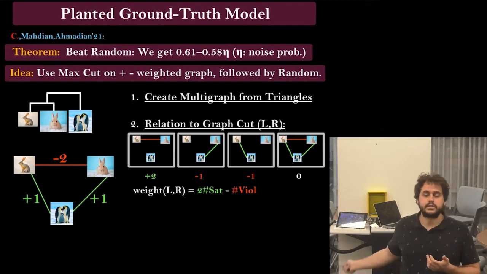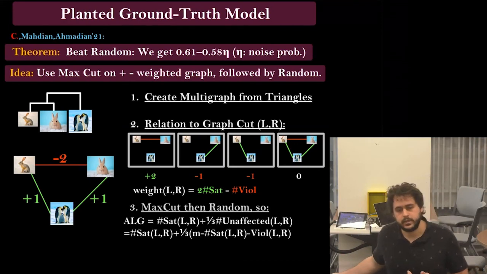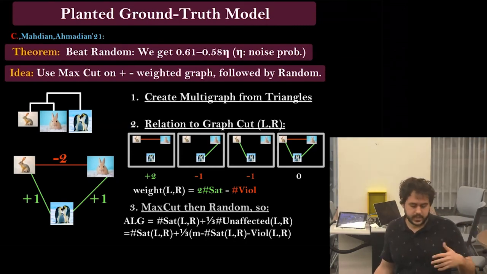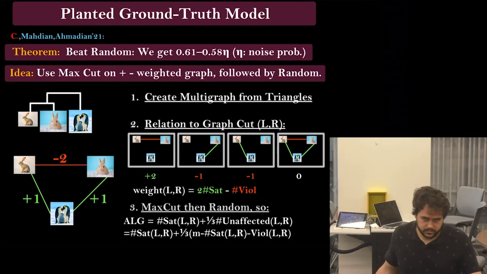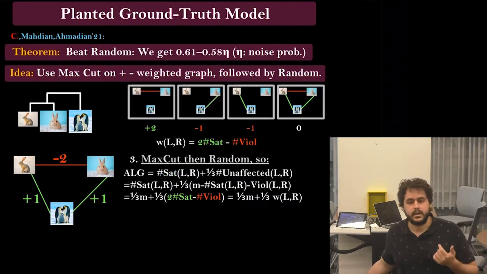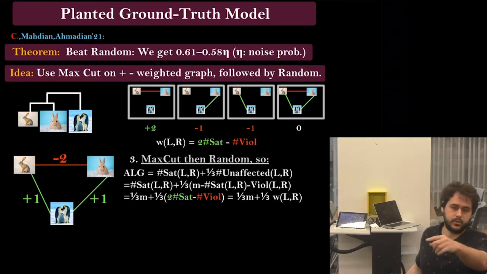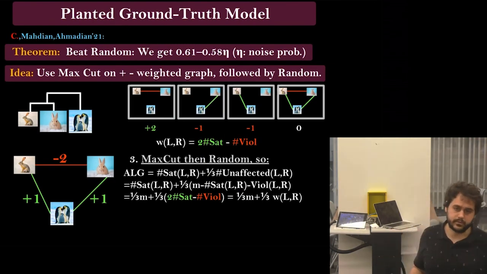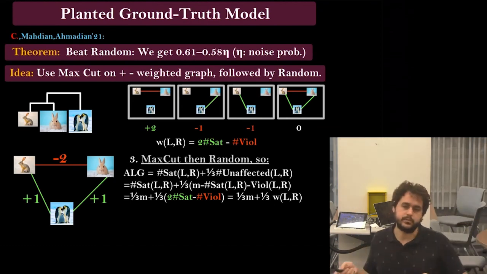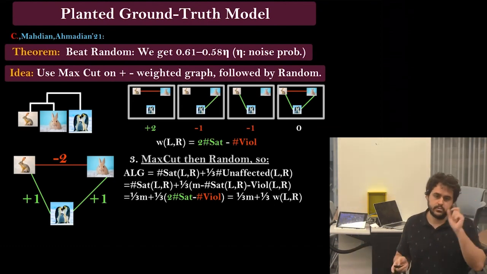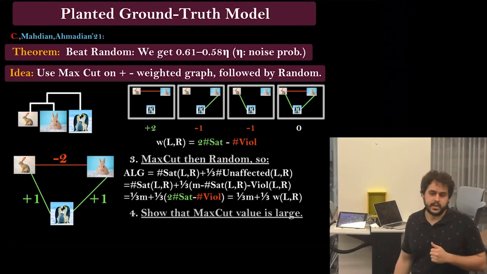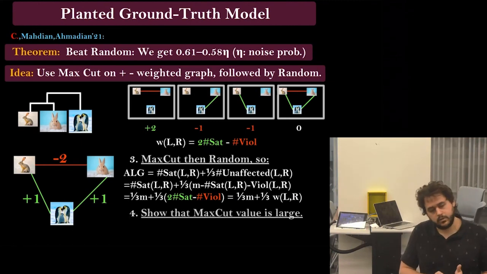And we can use this in a one-line computation where if we were to run this algorithm that is max cut followed by random splitting tree, we will get, I'll skip the calculation, basically, look at the last derivation, 1/3 of m, the total number of constraints, plus 1/3 of the weight of the cut. So we already beat random. You can see that you can beat the 1/3 by this, as long as the weight of the cut is large, and this is what we also have to prove.